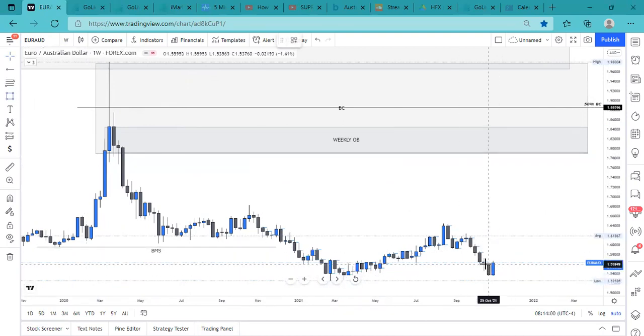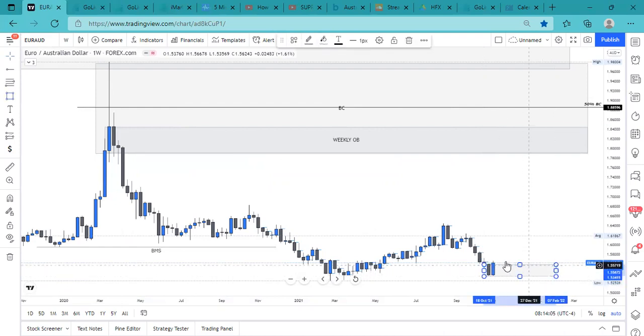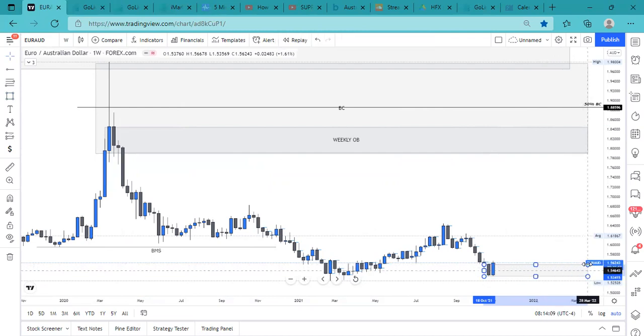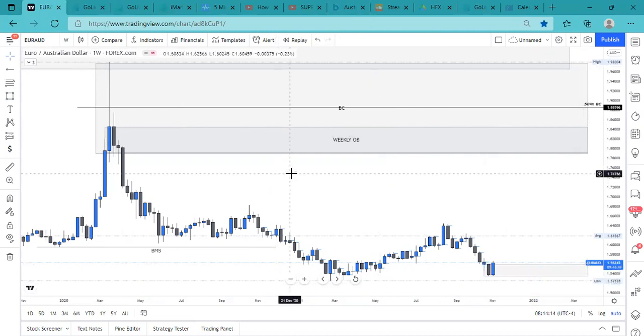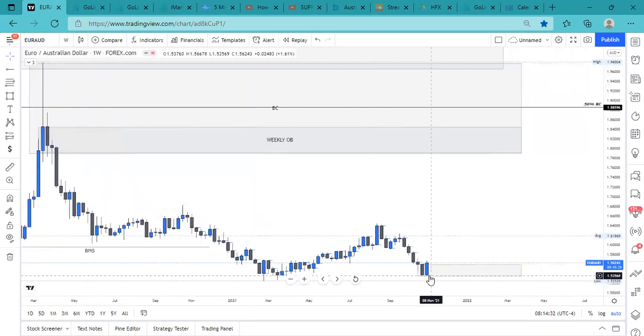We also have our weekly order block right here. You can see last week closed bullish. So this is the weekly order block.